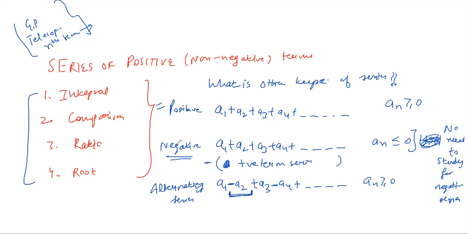So you can say the negative term series is just a scalar multiple of a positive term series.